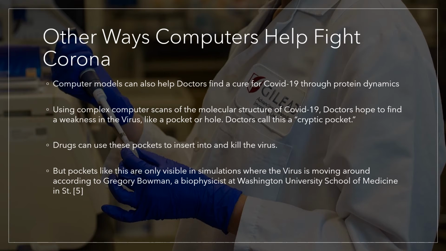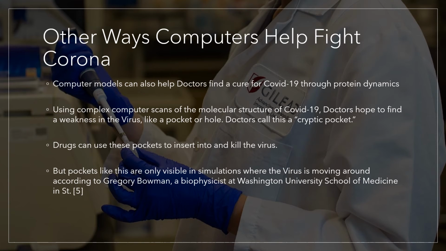Computer models also help scientists in different ways, not just trying to find out how the virus spreads, but also trying to find a cure for the virus. They do this through something called protein dynamics, which is where they scan the virus's molecular structure and put it into a computer simulation. What they hope to find is some hole in the virus where they can insert another protein or some kind of drug to help cure the virus.